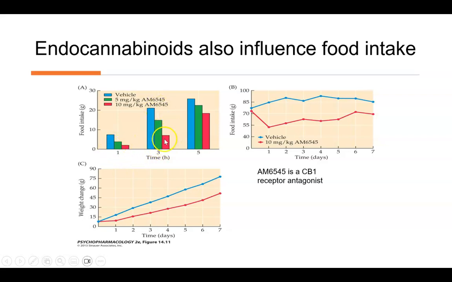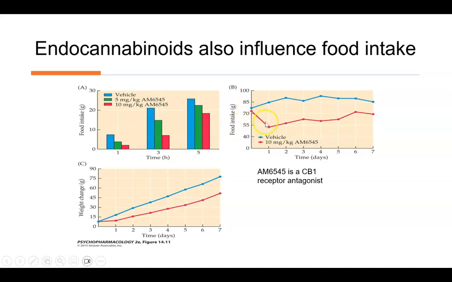Initially, with those receptor antagonists, we're not getting a lot of endocannabinoid release, and what ends up happening is a reduction in food intake compared to controls. You can see here the vehicle group is taking significantly more food than either group that gets those doses of that receptor antagonist. That is also true 3 hours later, but it's starting to wear off about 5 hours later. And here you can see food intake over time between the two groups. Again, the group that's given the vehicle has pretty stable amounts of food intake. The group getting the receptor antagonist at 10 milligrams per kilogram, remember that fewer endocannabinoids are going to be released.